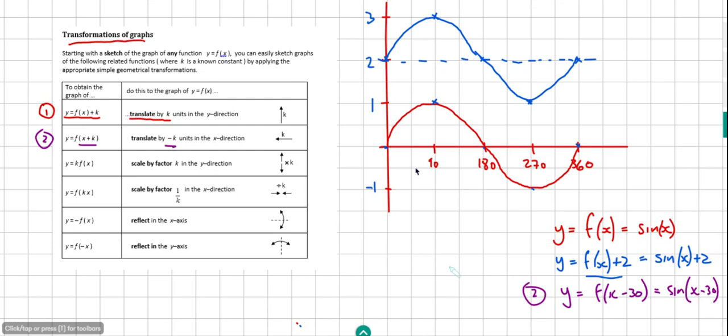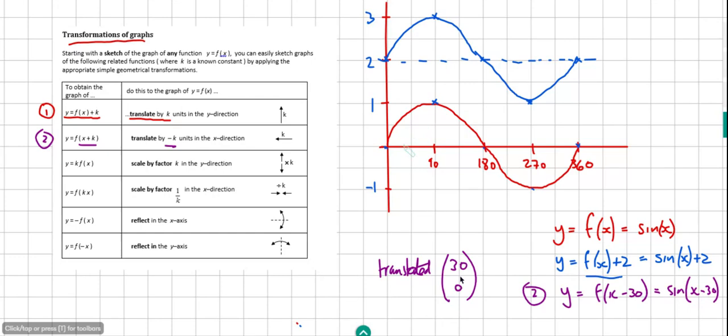We could show that as a vector. It's translated by the vector 30, 0. What that's telling me is all the x values are adding 30 on them, but all the y values are staying as they are.